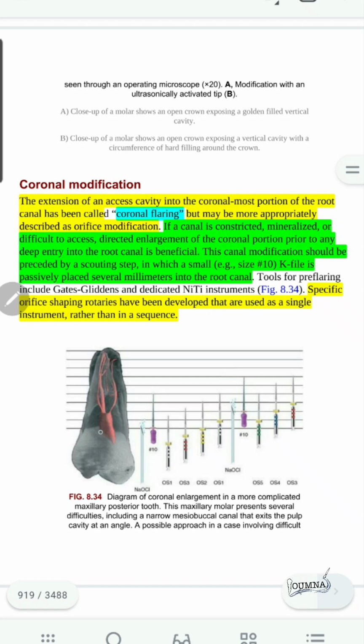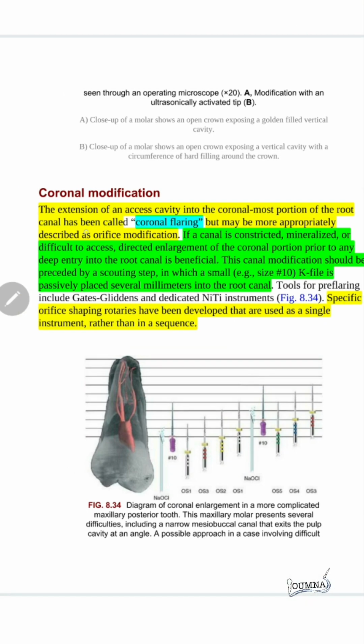Now for the coronal part modification of the root. The extension of an access cavity into the coronal most portion of the root canal is called the coronal flaring, which means we are widening the orifice of the root.